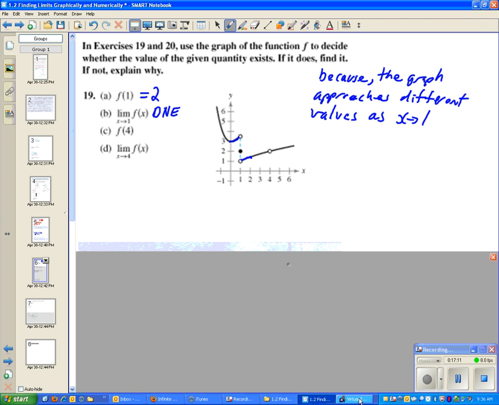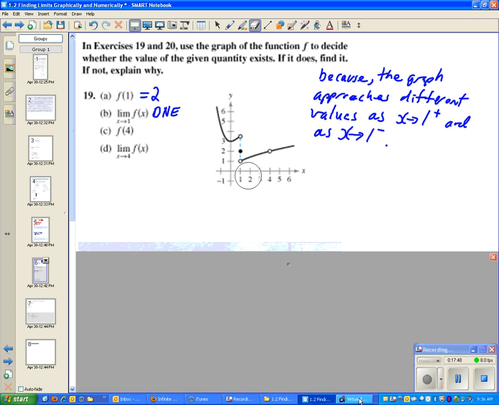Watch this notation. X approaches 1. That little positive sign above the 1, like a superscript, means from the right. And as x approaches 1 with a little negative sign as a superscript, from the left, it approaches different values. Whenever that happens, the limit does not exist. Okay?